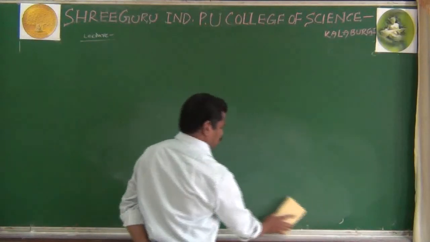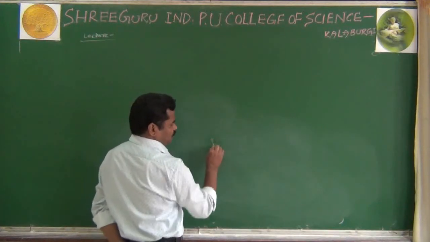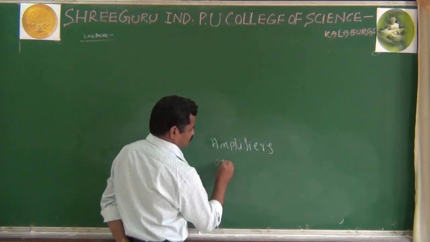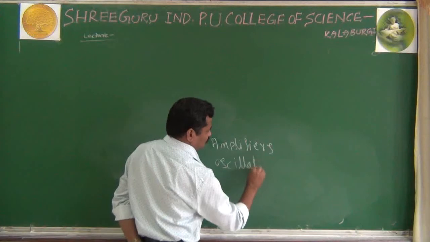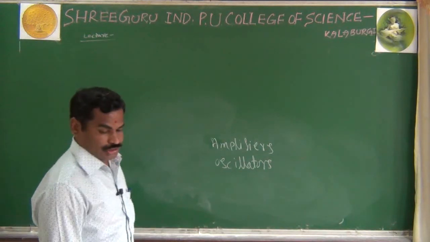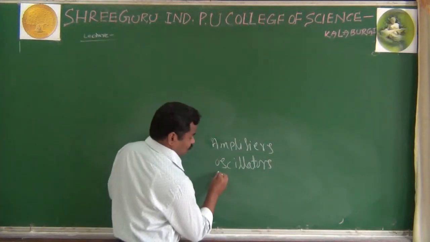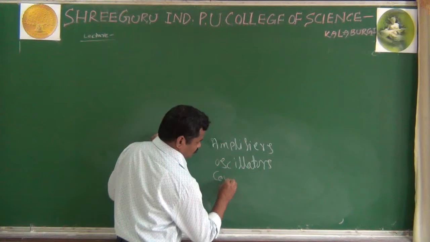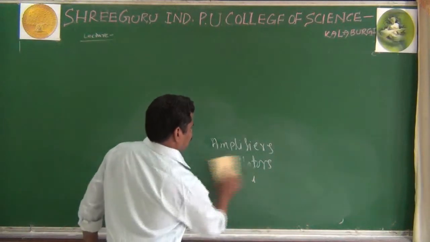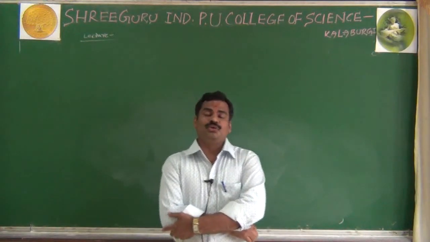Wherever you use transistors, for example in amplifiers, oscillators, or communication, you use voltage divider biasing.